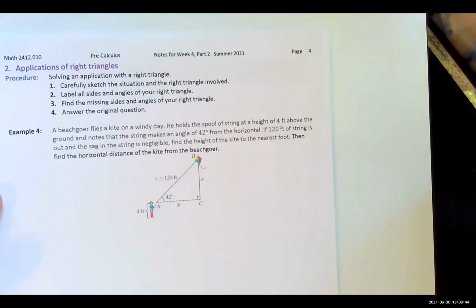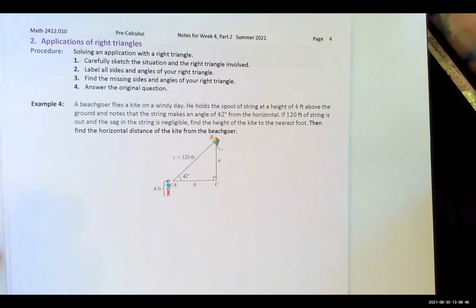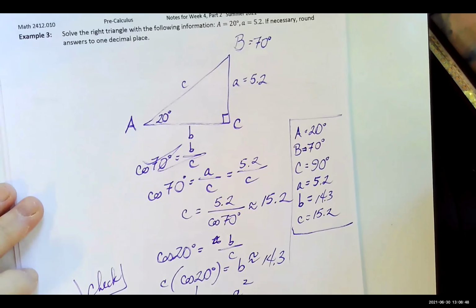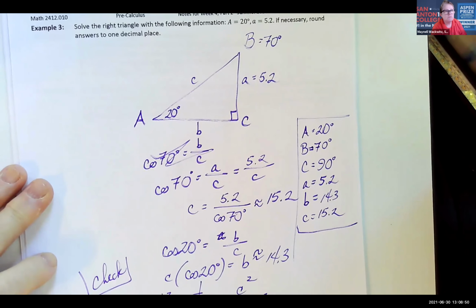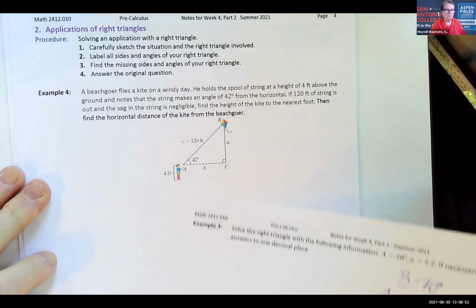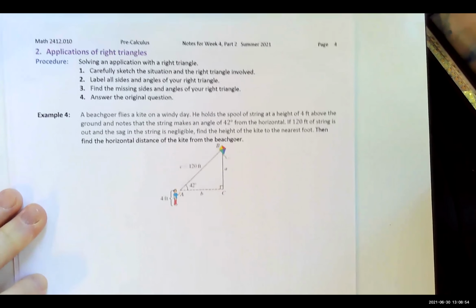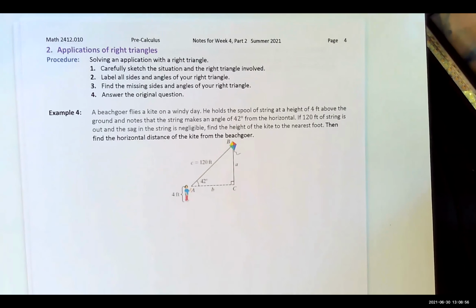I have a question about this question. Example 4. It says find the height of the kite to the nearest foot. The height from what?